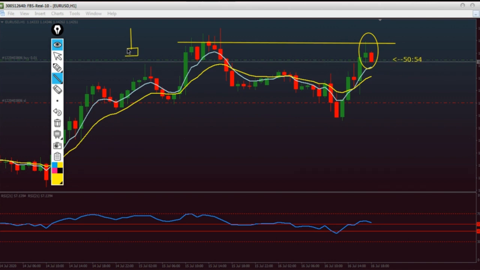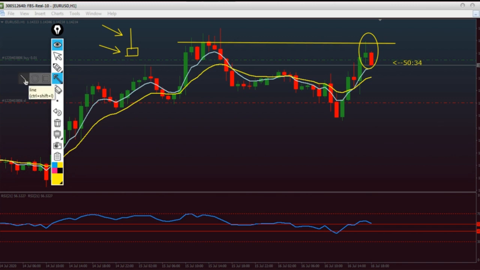When it came like that, the tail is more than 50% of the body, and as I showed you before, that is the body, that is the tail or the shadow. I call it the tail. The price is going to make a correction like that, then it's going to go up.